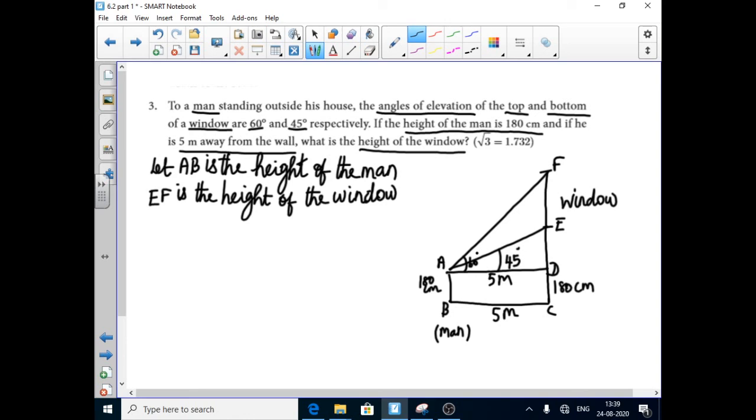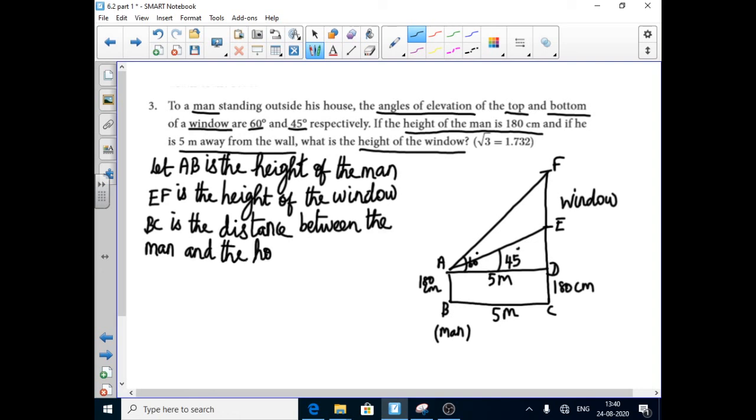Next one, BC is the distance between the man and the house.